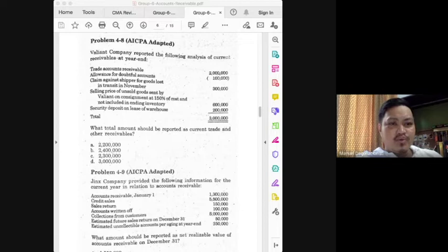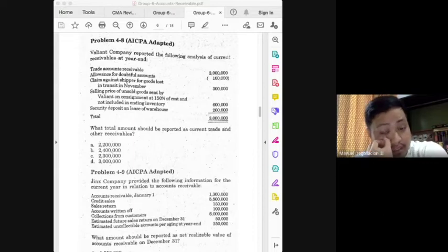Selling price of unsold goods sent by Valiant on consignment at 150% cost and not included in ending inventory. So basically, the issue here, class, is whether or not goods that are sent out on consignment will already be considered as sold. Because if they are considered as sold, then the fact that they are already in the hands of our consignees will result in the recognition of a revenue and a receivable on our part.